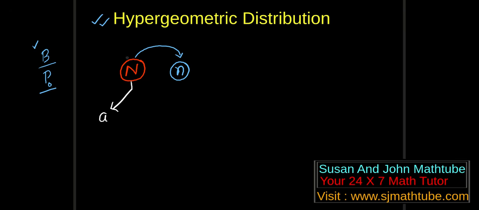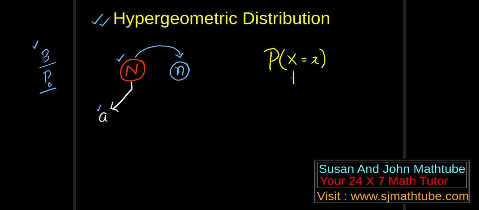Okay, so I'll repeat once more. How many items do we have? Capital N. And how many of them have some special property? That is A number of items. And from this lot, you are selecting a sample of size n. Of course, randomly, not independently. And as always, we are interested in the probability of x number of successes.